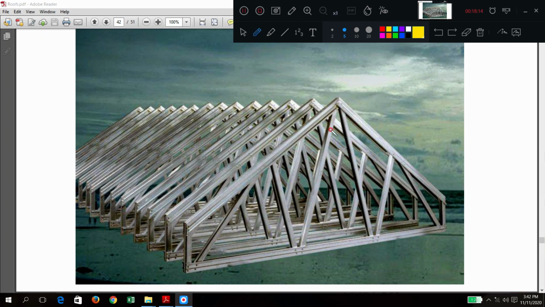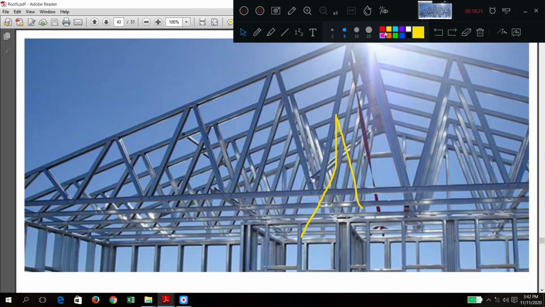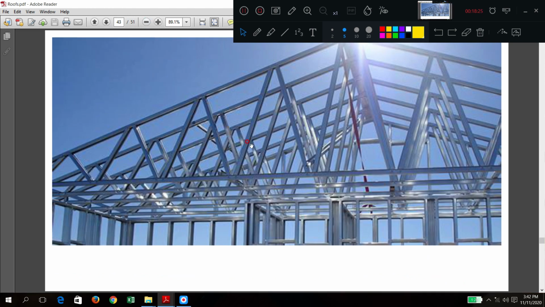Tie members are like this. It's a continuous structure. It is also a typical steel truss member. Can you see the elements? Practically it appears like this: the horizontal tie, the inclined struts or ties, principal rafter, everything is there.